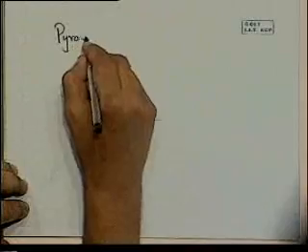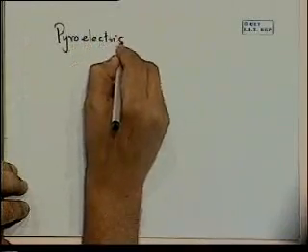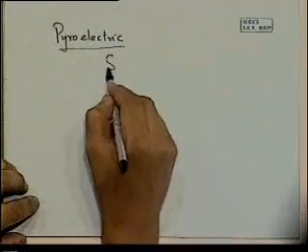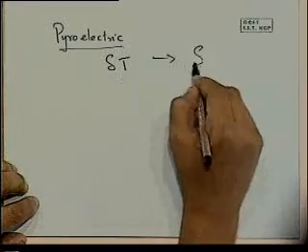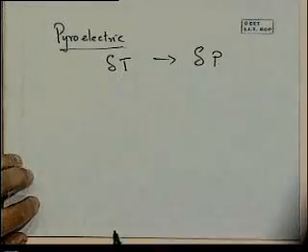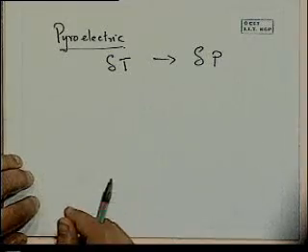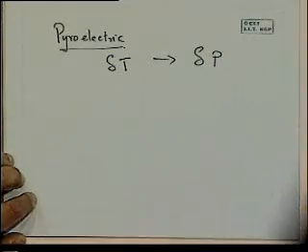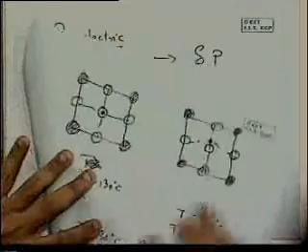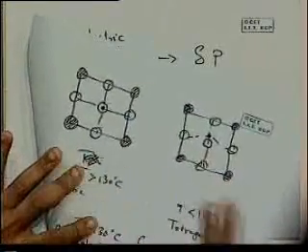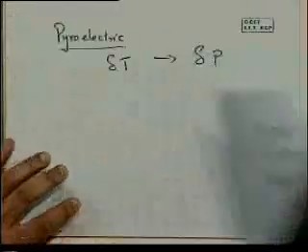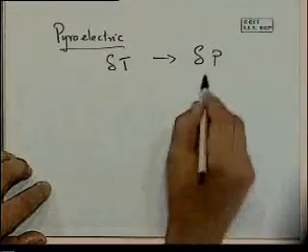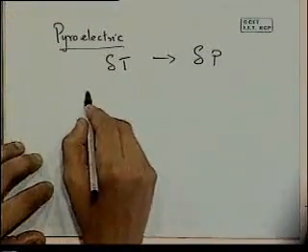Very quickly, the pyroelectric effect, as the name implies, when you have a change in temperature delta T, there will be a change in polarization corresponding to that of delta P. Heat, change in polarization. Same here, the barium titanate, I change the temperature below 130, above 130. There was a dipole moment, there's no dipole moment. Similar to that, there are many materials where delta P will change when you change temperature.